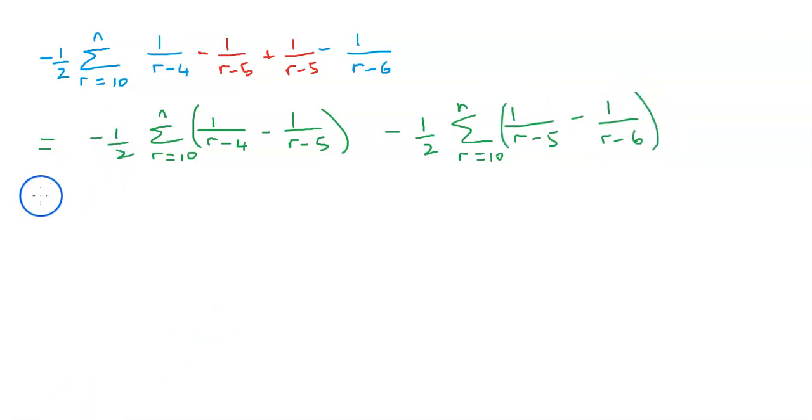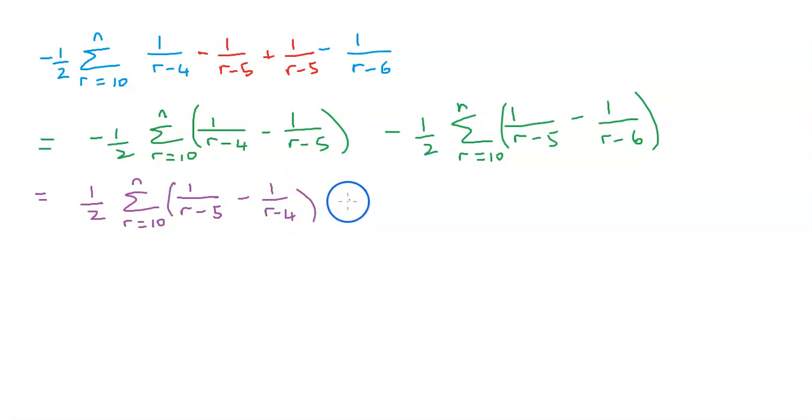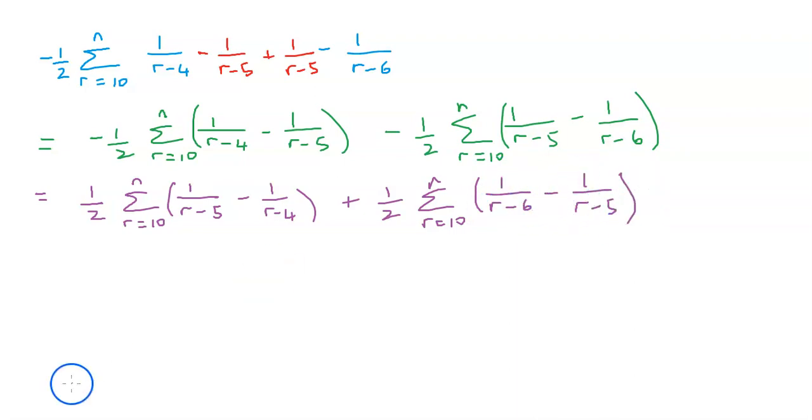As I'm looking at it, I now see there was no reason to factor out the negative there, because r minus 5 plus 1 is r minus 4, so that was kind of a weird mistake, but it's easily fixable. So this is 1 divided by (r minus 5) minus 1 divided by (r minus 4), and then the same for the other one, plus a half times the sum from r equals 10 to n of 1 divided by (r minus 6) minus 1 divided by (r minus 5).